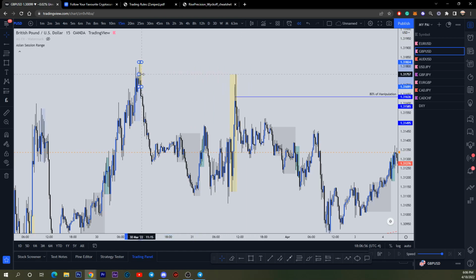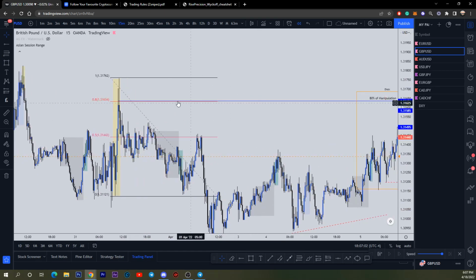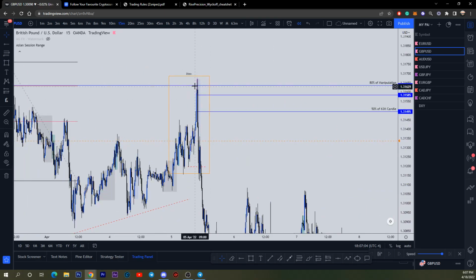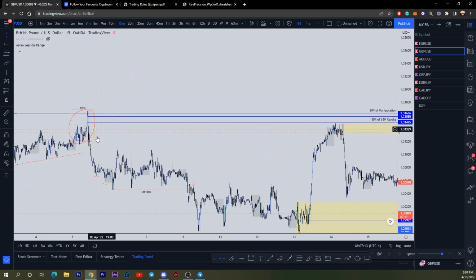Now, what I did was I drew the 50% of this so-called manipulation move. Look where it lines up, and look where we reacted. Look where this area came into before we sold down previously, and then you can see we came back and sold from this area again.